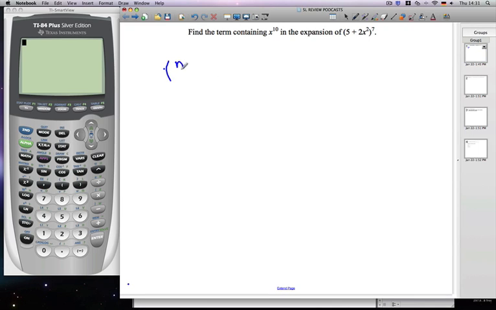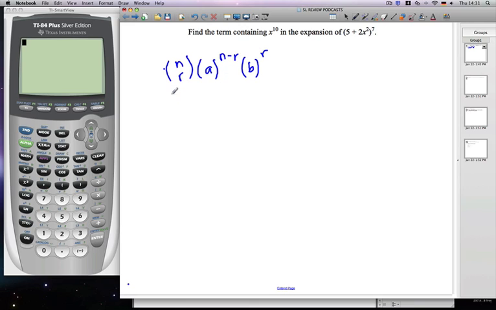Now I always remember this: make sure you don't think that this is a fraction. This is a choose. It's a command in your calculator called combination, and the r and this r are always the same number. And then all of these terms, n minus r plus r, always equals n. Of course, n minus r plus r equals n.